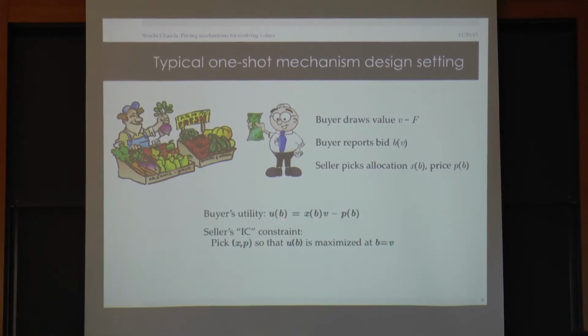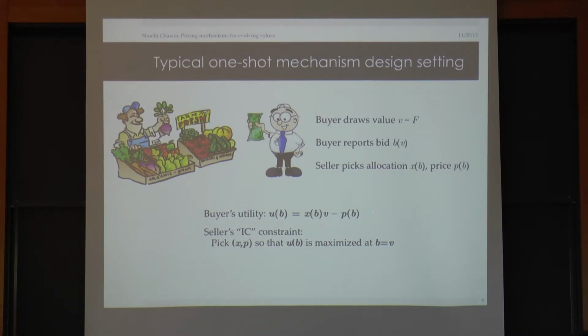And then we're going to assume that the utility that the buyer gets from this outcome is the following. V is the value that the buyer associates with this item. X of B is the probability that he wins the item. So this is the expected value that the buyer gets from getting this item. And then we just subtract the price that the buyer needs to pay.